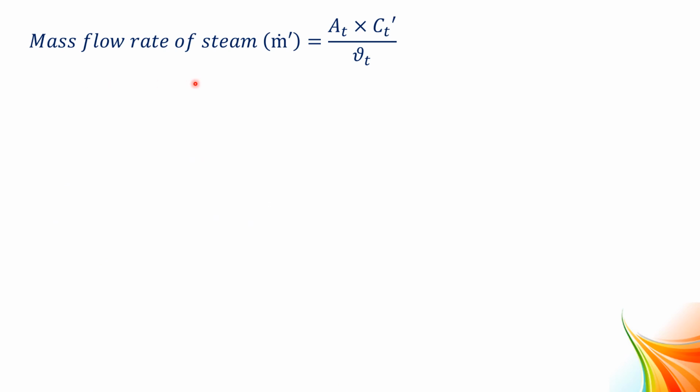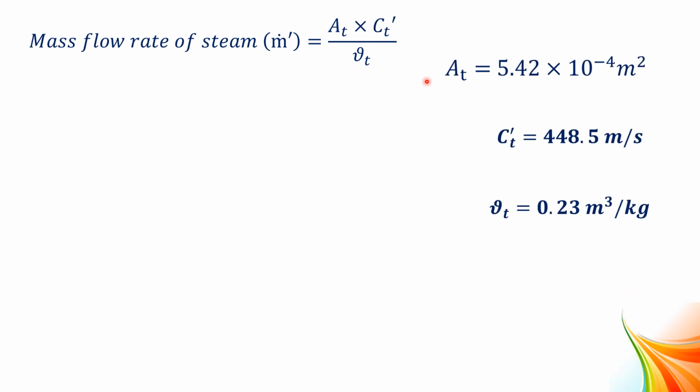Now we know the equation for mass flow rate m dot dash equal to At into Ct dash divided by Vt. At equal to 5.42 into 10 to the power minus 4 meter square, which is calculated from the previous mass flow rate equation when the flow is isentropic.